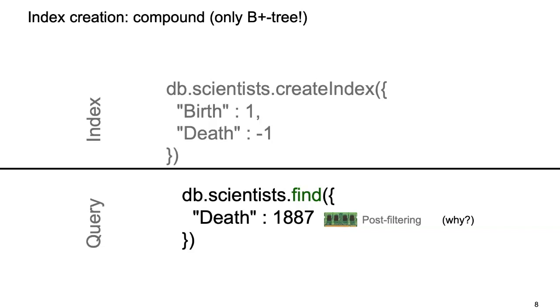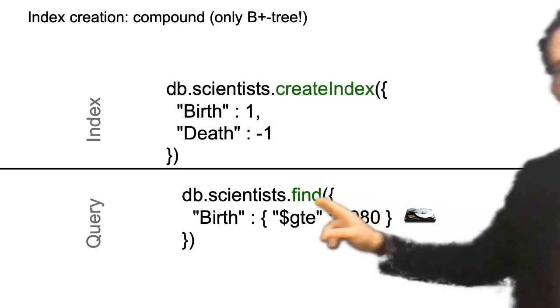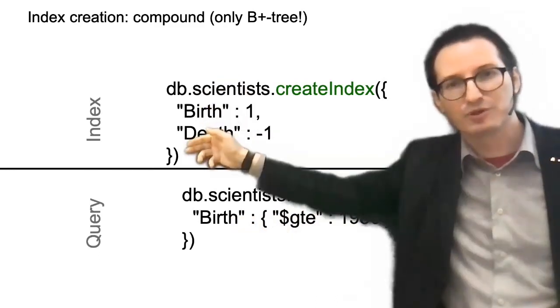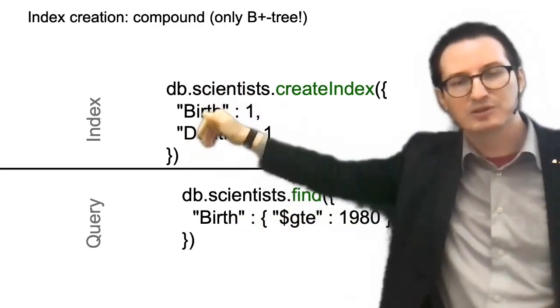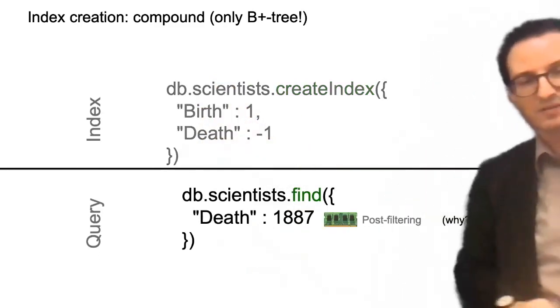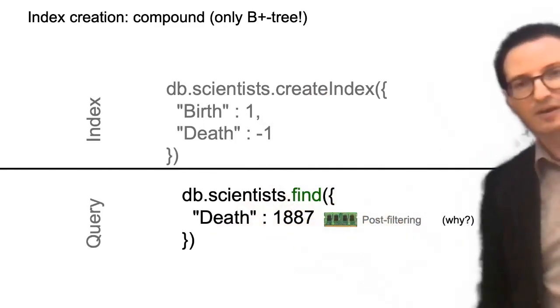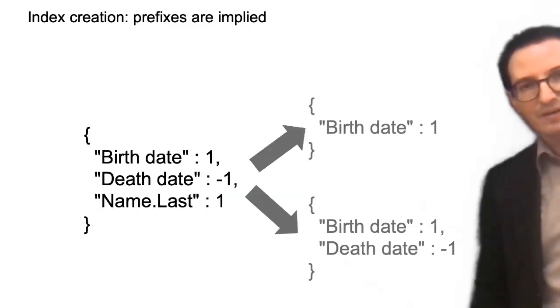Who sees that? It's not an interval anymore because it's not the first key. So you can use the index only if this is a prefix of the ordered list of keys. So birth would work here and not this. In that case, you just don't use the index. You just directly go ahead and do it with a full scan. All right.